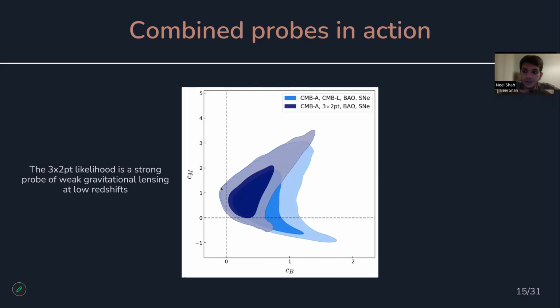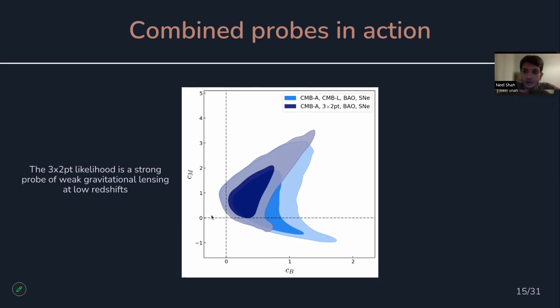The last probe that we have considered is 3 times 2 point, which is a probe of the gravitational lensing of the light that reaches us from different galaxies and which passes through the large scale structure of the universe before getting to us. So we see that the 3 times 2 point likelihood gives us better constraints on CB and also gives us a smaller improvement on CM.